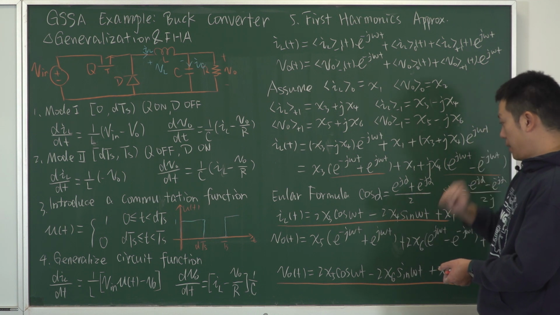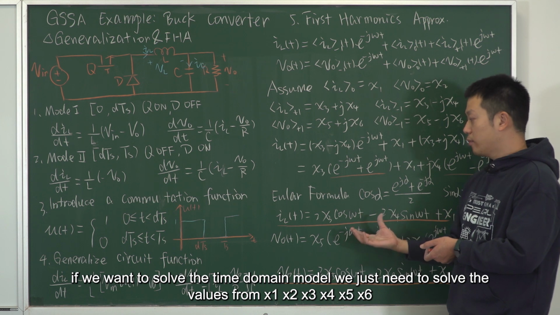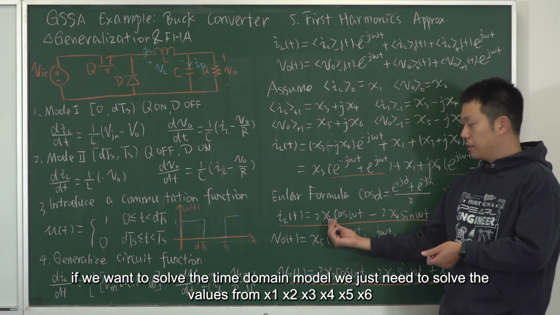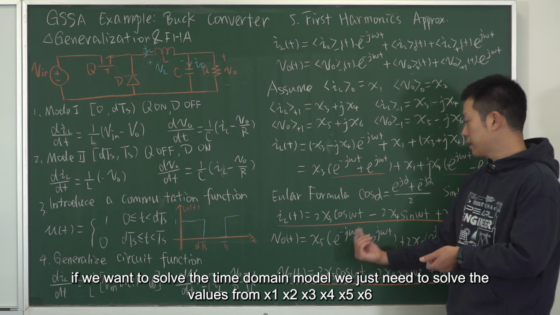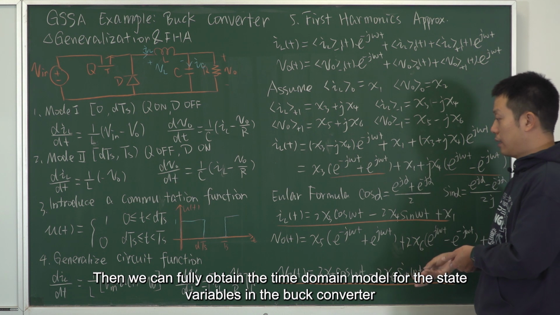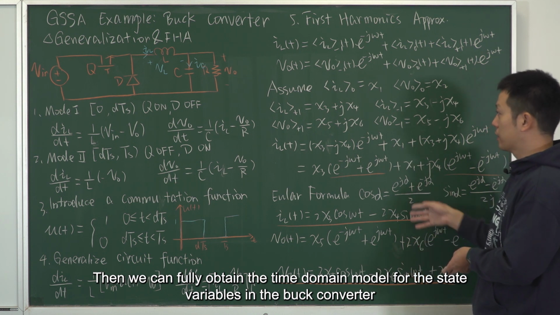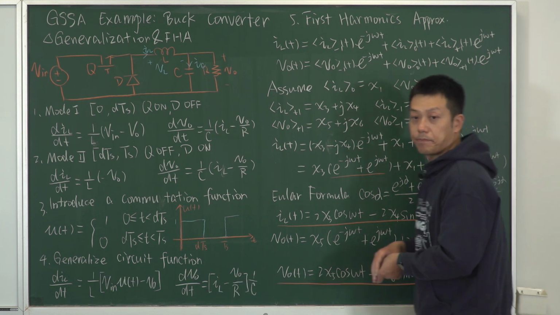And if we want to solve their time domain model, we just need to solve for the values x1, x2, x3, x4, x5, x6, right? Then we can fully obtain the time domain model for the state variables in the buck converter.